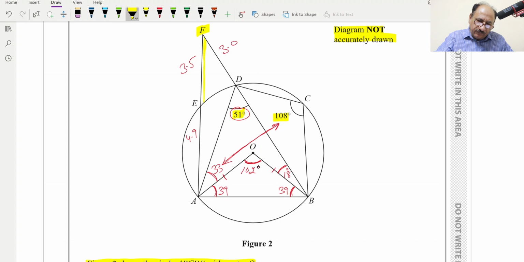I will highlight for you so that you can understand properly. First we will be considering this triangle, and the triangle is AFD.